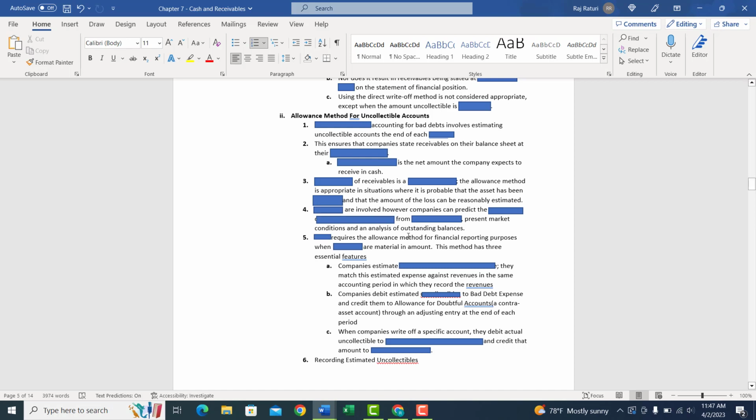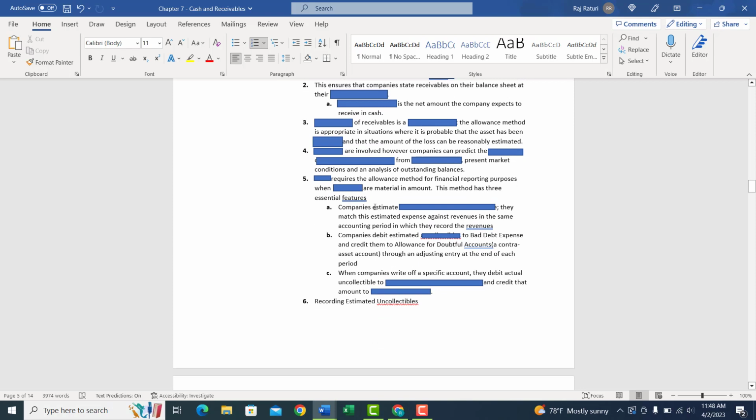However, companies can predict the estimated values of uncollected receivables from past experiences, present market conditions, and analysis of outstanding balances.